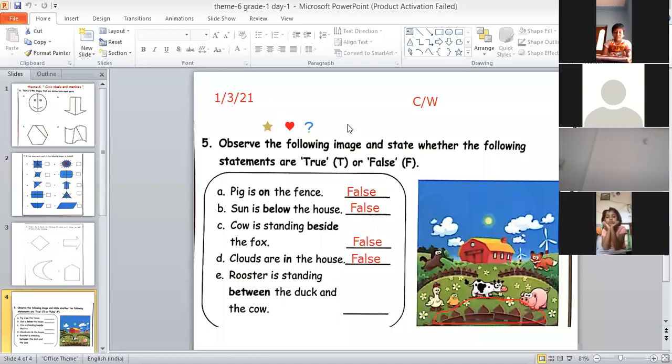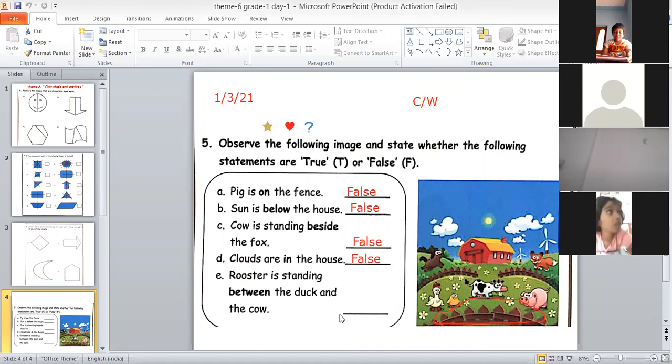Now we can say that the heart is between the question mark and the star. Between means in the middle of. So this heart shape is between the star and the question mark. This means between. Now Ayansh, tell me, rooster is between duck and cow. Is it true or false?